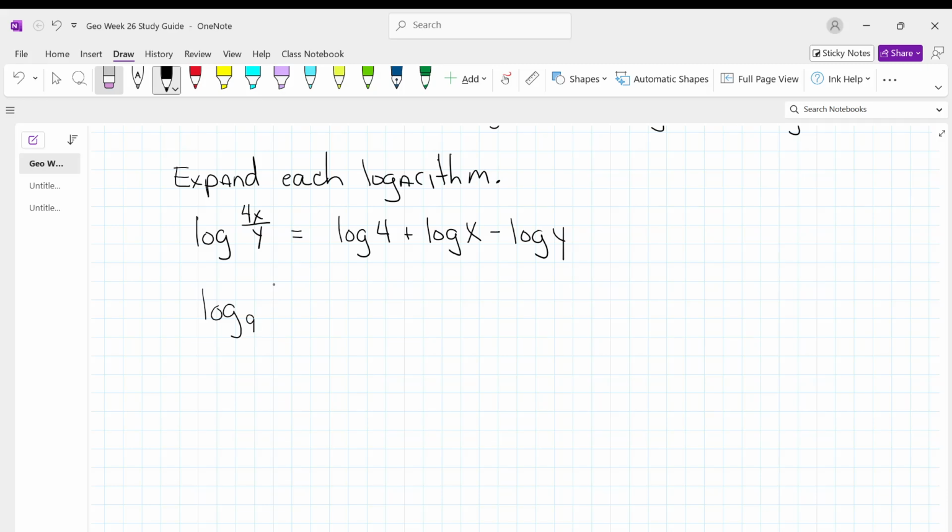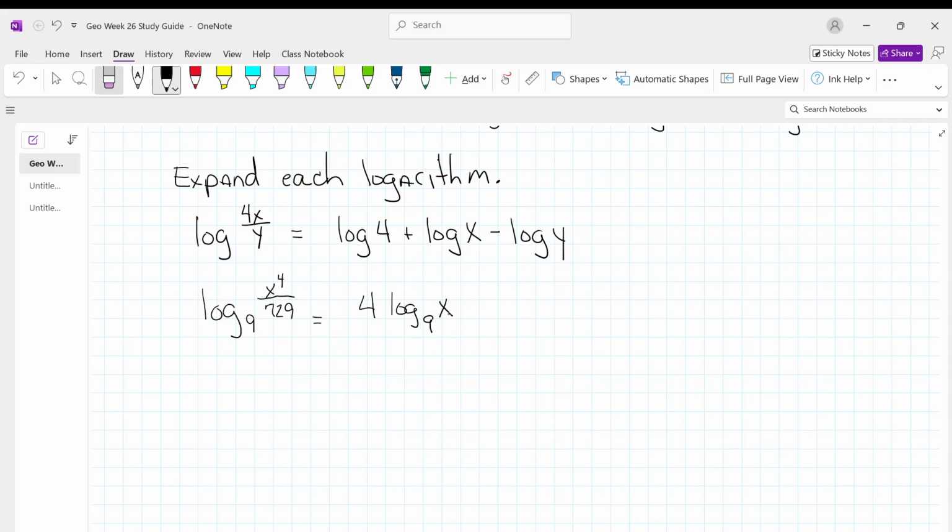Log 9 of x to the 4th over 729. The x to the 4th is your m, the 729 is your n. So in the first step, we would get 4 log 9 of x. Okay, that takes care of the x to the 4th.